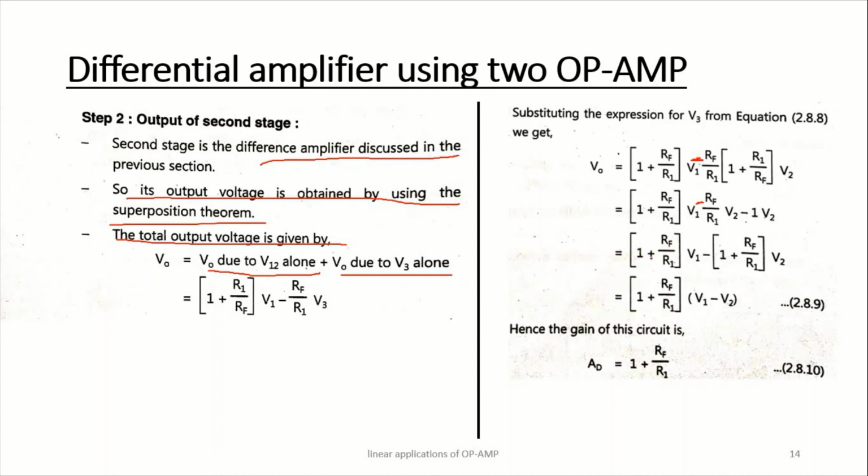Next, 1 plus RF by R1 into V1 minus V2 common: taking V2 common in the bracket, 1 plus RF by R1. Now in both terms 1 plus RF by R1 is common, so take it common and what remains is V1 minus V2. So here 1 plus RF by R1 is the gain, called AD, and the value is 1 plus RF by R1.